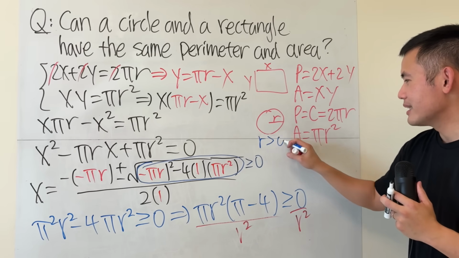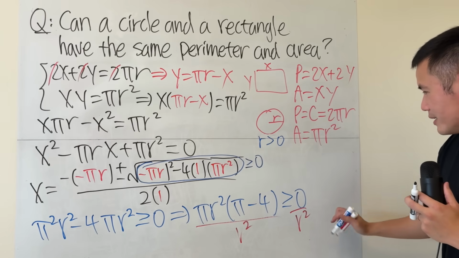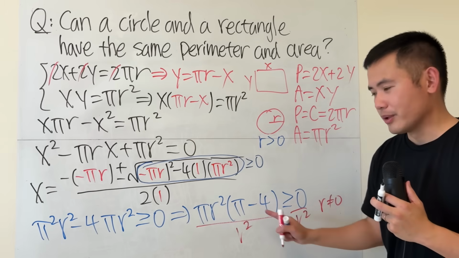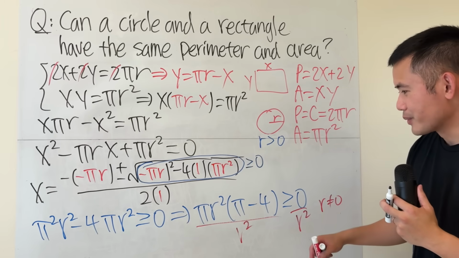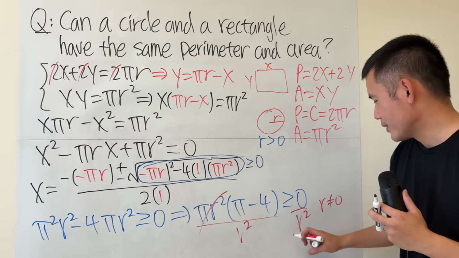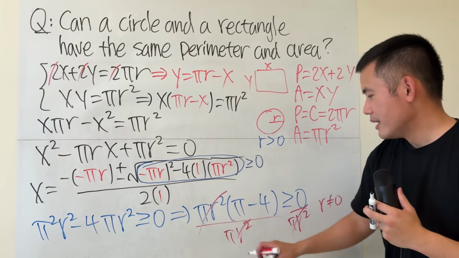So right here, I want to add a condition that r should be greater than 0 to make sense. Since r is not equal to 0, I can divide both sides by r squared. And of course, pi is not equal to 0, so we can also get rid of that.